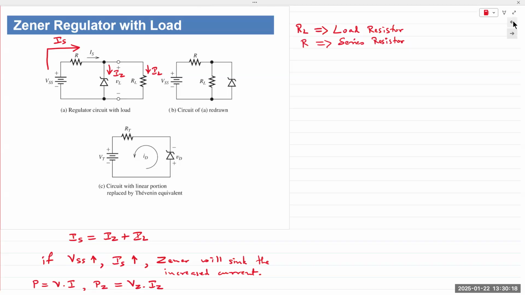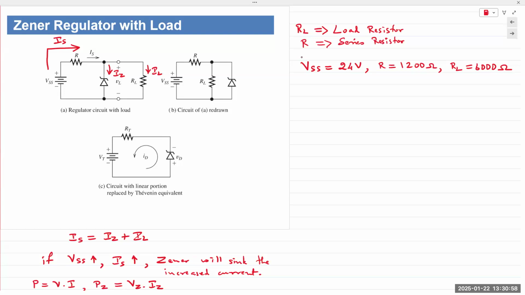If my VSS, let's say in this instance, is 24 volts, and R is given as 1200 ohms, and RL is given as 6000 ohms. What voltage is being applied to the Zener diode? Is it 24? So how do we calculate that voltage? Hence quiz 1.